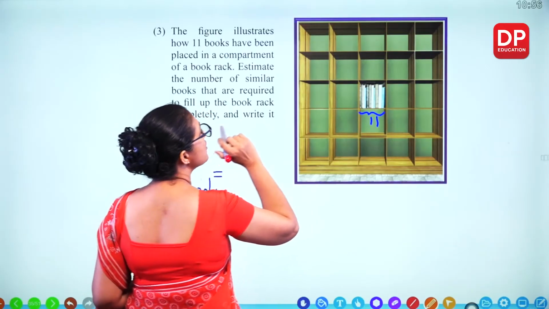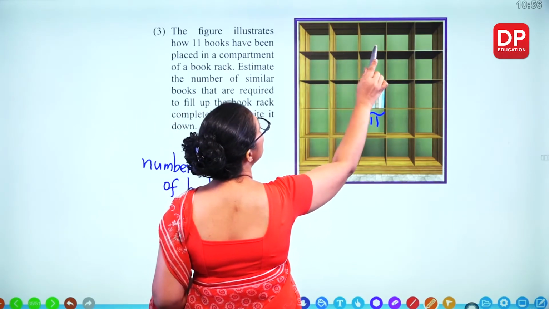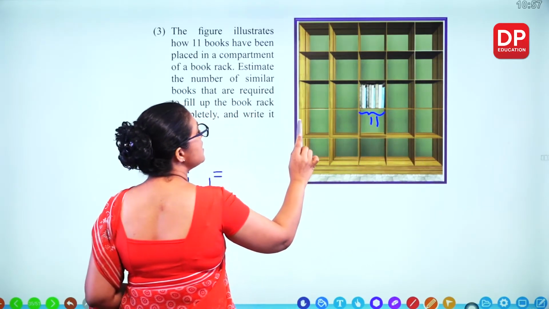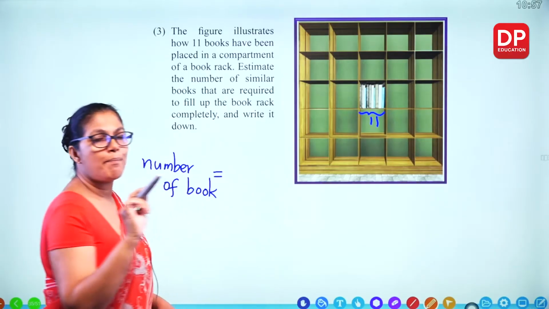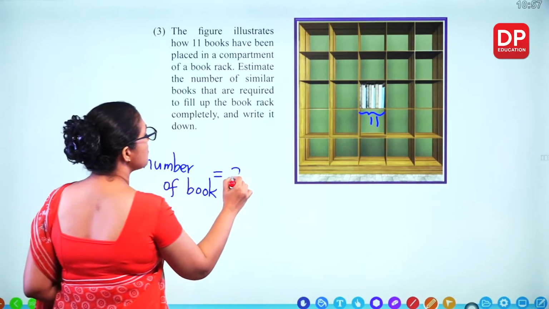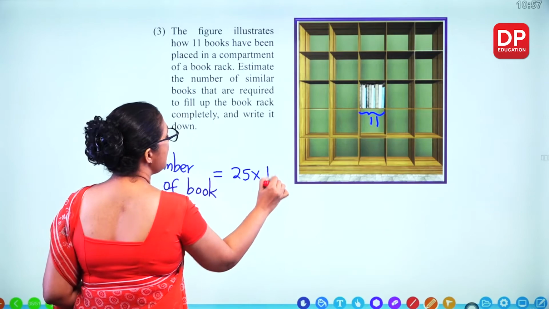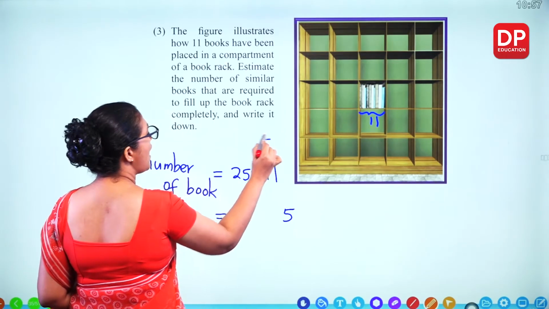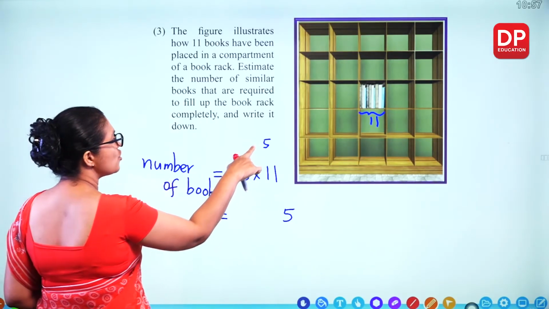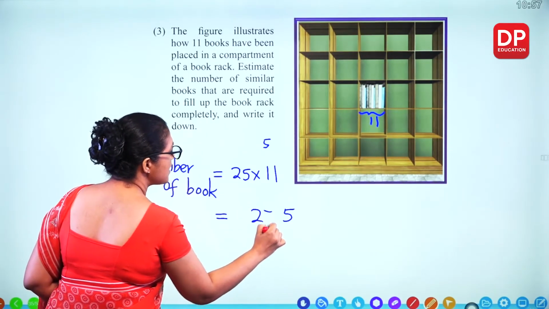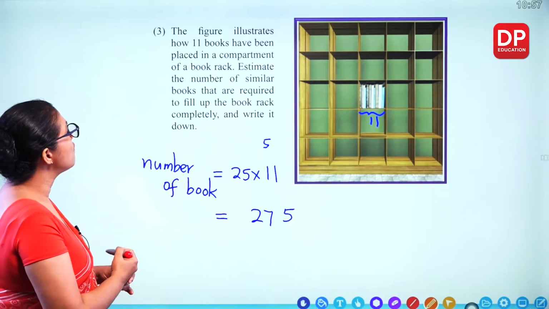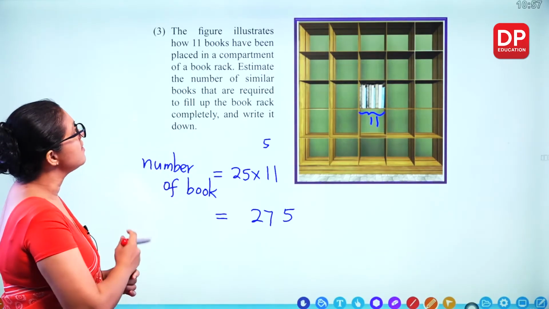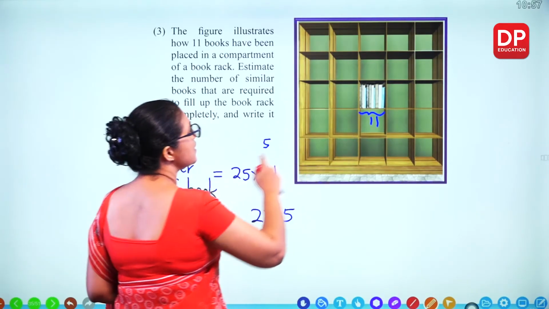How many compartments altogether? 1, 2, 3, 4, 5, 6, 7, 8, 9, 10, 15, 20, 25 compartments are there. So just multiply 25 times 11. Each one 11. So 11 times 5, 55. 5 remaining. 11 times 2, 22 plus 5, 27. 275 books we can put in this rack.